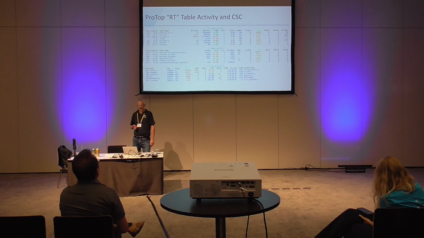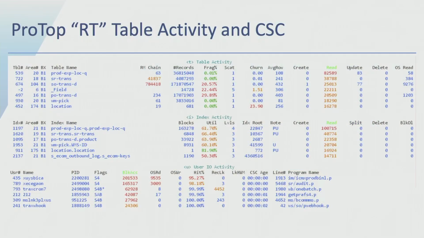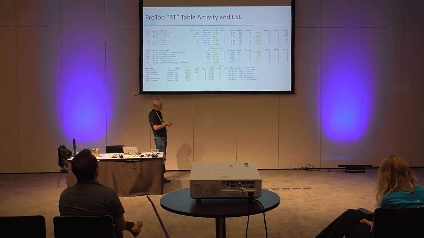There's also the real-time ProTop. So if you just want to see what's going on right now and not necessarily look at the history of things, you can see the table and the index activity and what the rates are, and it comes with the client statement cache information right there.